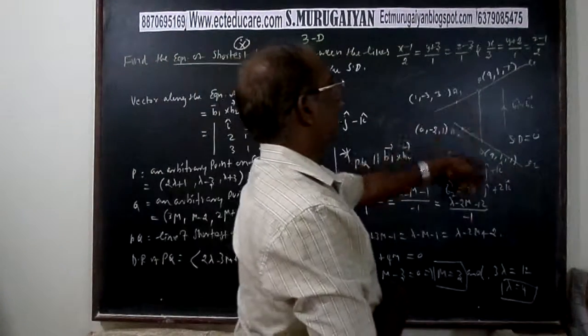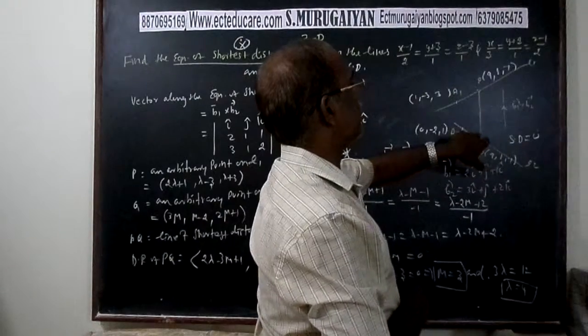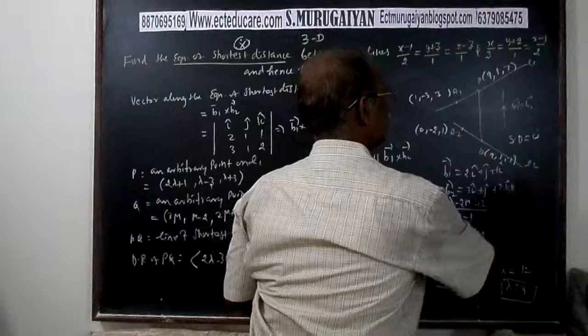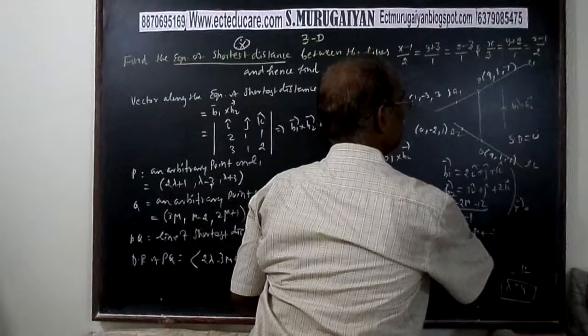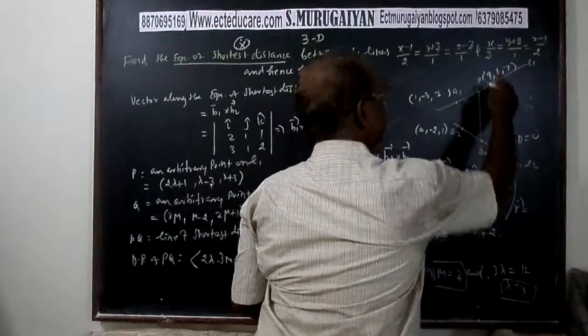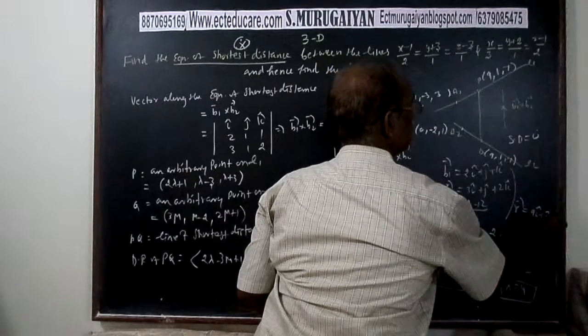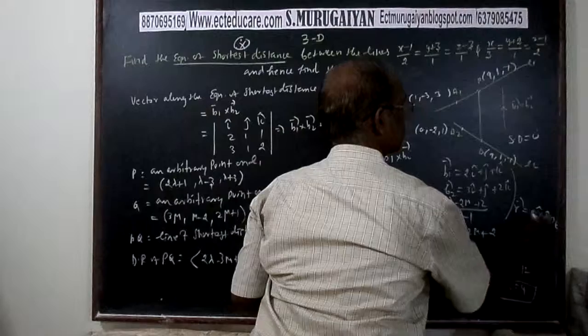Then the line passing through the point of intersection and parallel to B1 cross B2. Then we can have R vector equal to the point of intersection 9i plus j plus 7k.